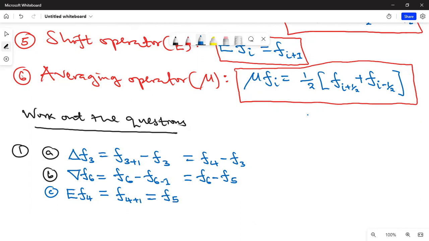And the other one, part D, the central difference of F5. Look at how it is defined. It is F of i plus 1 over 2. So our i is 5.